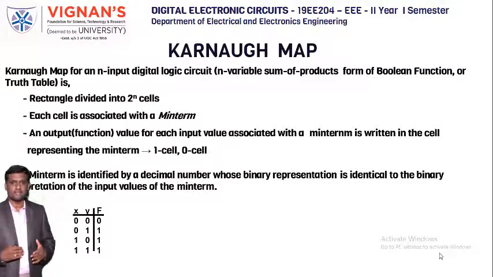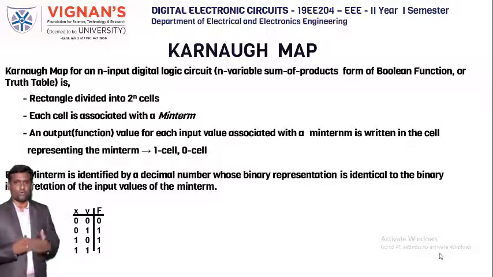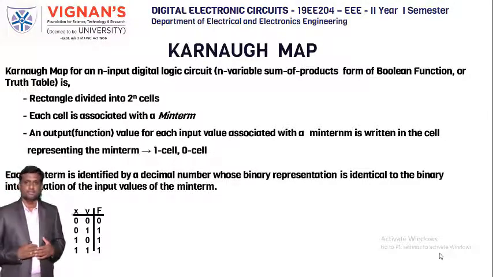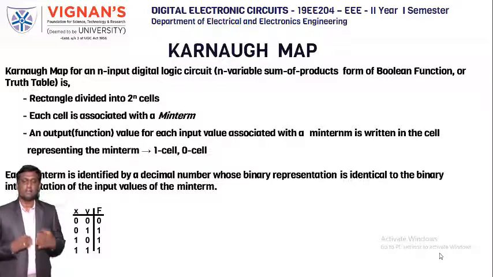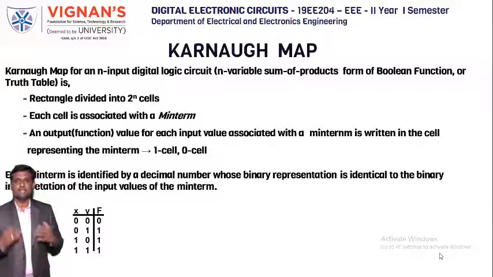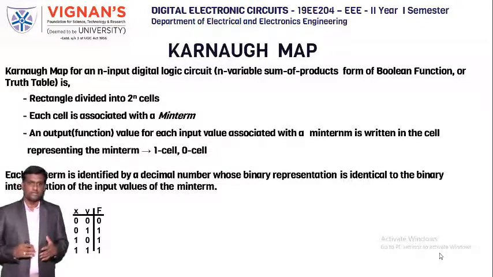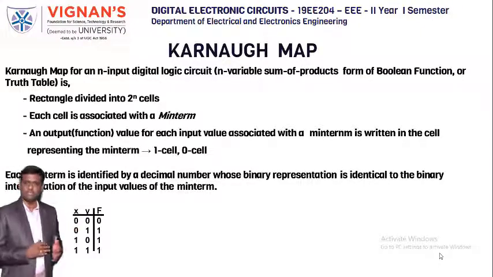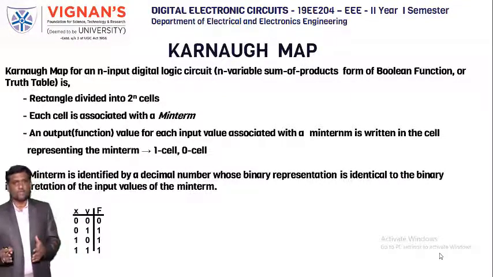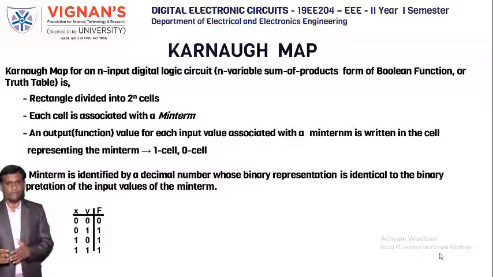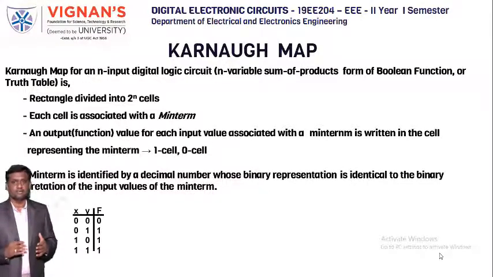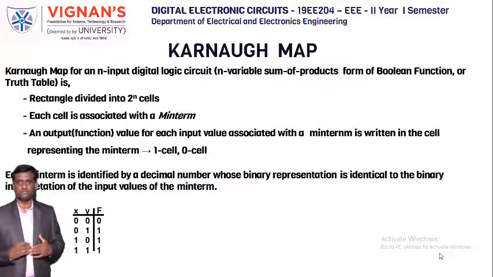For the remaining combinations, the output function is given as 1. That means those terms are present in the Boolean function. Already we have seen how to represent a Boolean function from the truth table in the previous lecture with the same method. So here also I am using the same format of representation in order to identify which terms are present in the simplification of the Boolean function by using K-map.